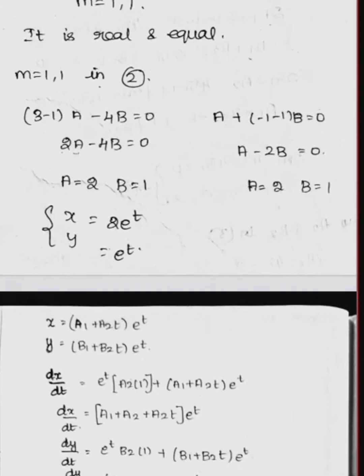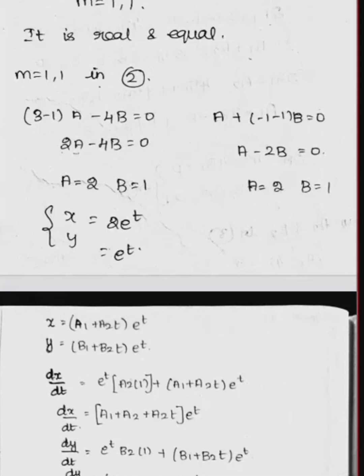Now you are differentiating these terms for identifying dx by dt and dy by dt. For that, you have to differentiate the above term. Differentiating x with respect to t, first of all, you can take the uv dash plus vu dash formula. You take e power t, and differentiate a1 plus a2 into t.